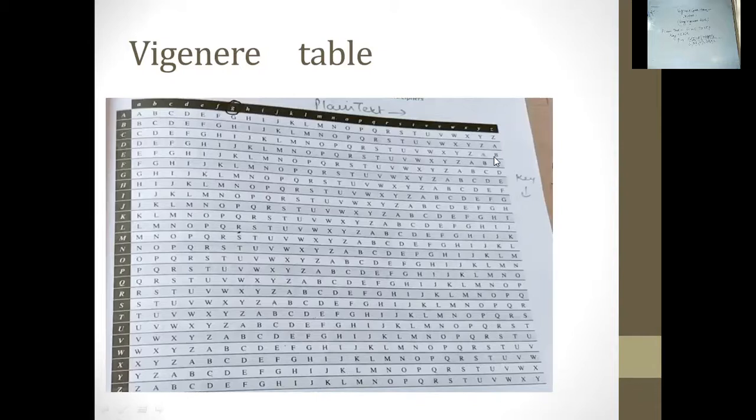If you have the table, that's fine; otherwise you can create your own table like this, writing A, B, C, D, E, F, G, H, I till Z.